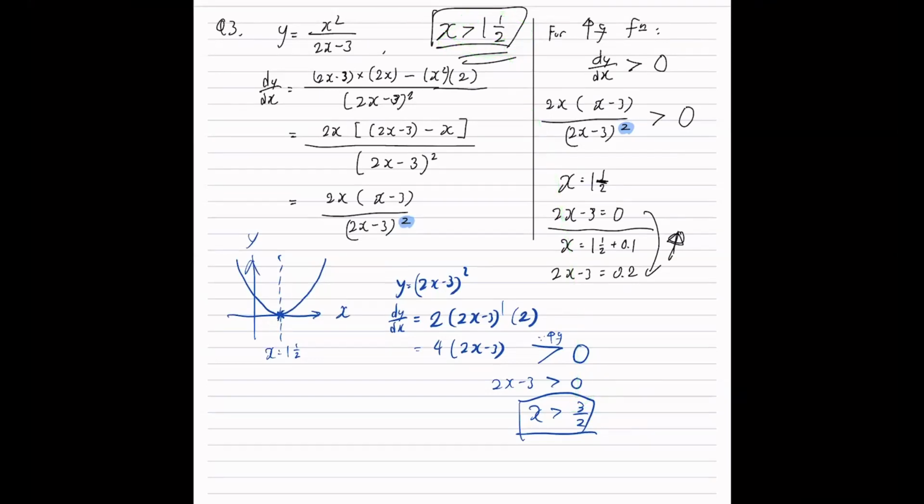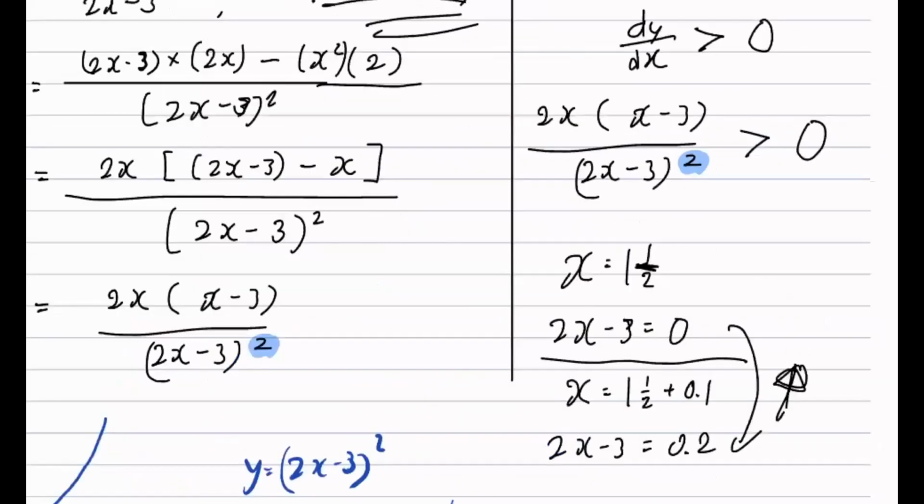Are you convinced that the right half of the graph is an increasing function? Obviously, right? You don't even need differentiation. Just look at the graph. But more importantly, when it's strictly more than 1/2, what happens to the values of 2x minus 3 bracket square? It's positive, above the x-axis.